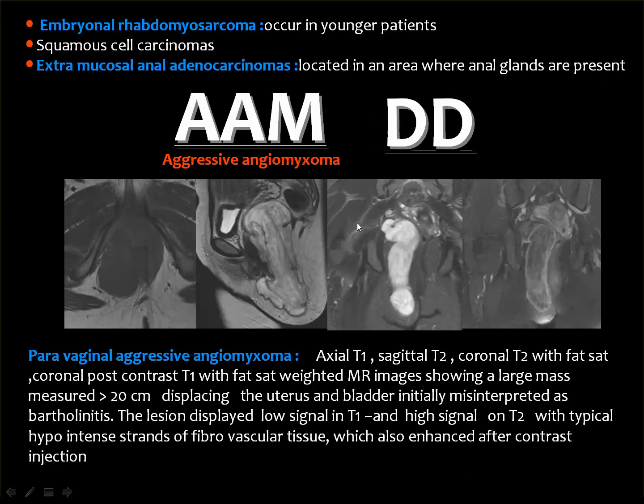And this is once more another example of aggressive angiomyxoma showing in the T1 weighted image, it has no characteristic appearance, but in the T2 weighted image you can see this very pathognomonic, let us say, appearance, and this is after contrast injection with suppression of the fat.